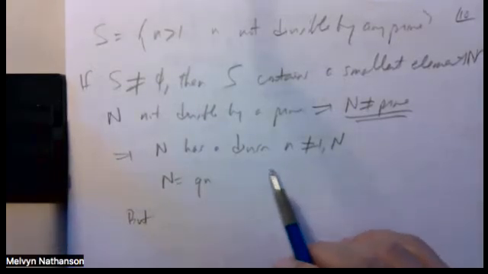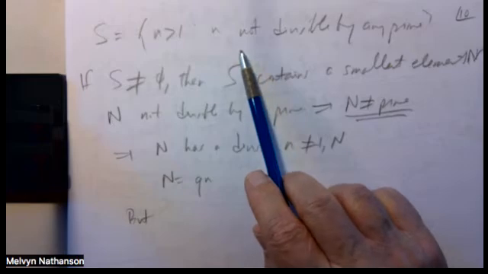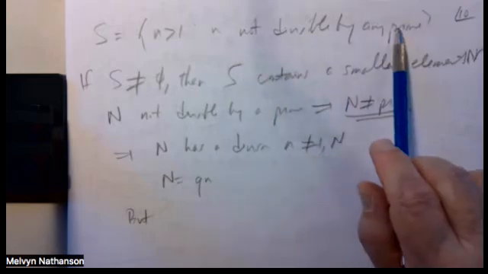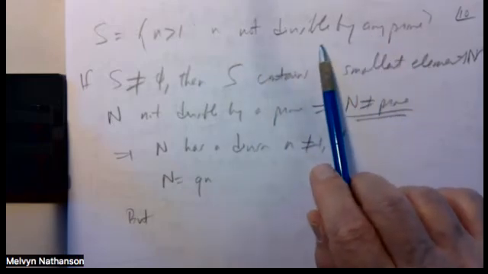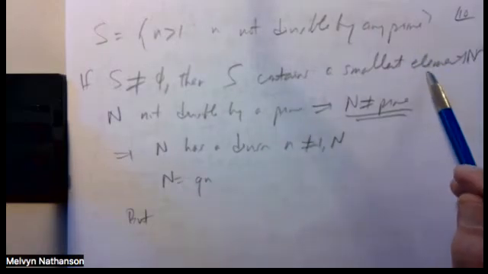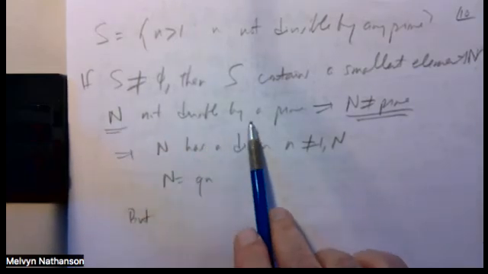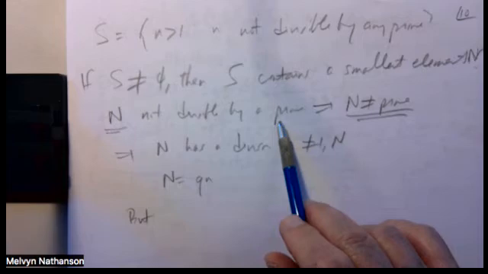Yes. So let S be the set of all numbers bigger than 1 that are not divisible by a prime. I want to show this is the empty set. There's nothing in there. That every number bigger than 1 is divisible by a prime. But if S is not the empty set, then by the minimum principle, it contains the smallest element, capital N. So I have this number capital N, which is not divisible by any prime.